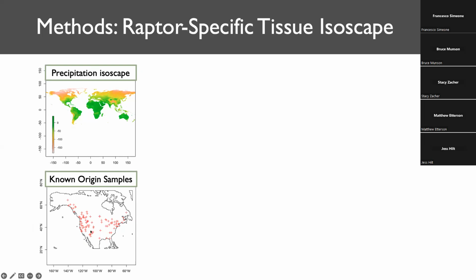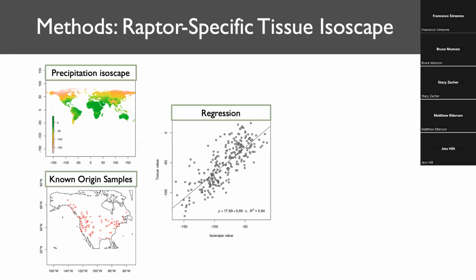So each of these red dots here represents a bird on its breeding ground. You can get a measurement from its feather and then pair that with the measurement from precipitation. And when we do that, we get some sort of relationship like this that we can then use with an unknown origin raptor to figure out where it may have come from geographically.